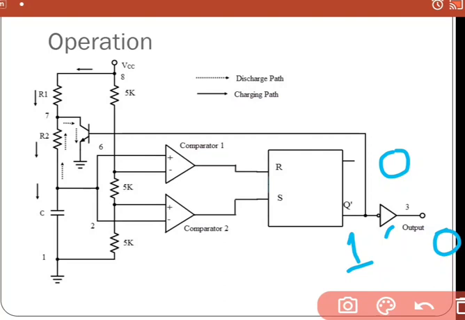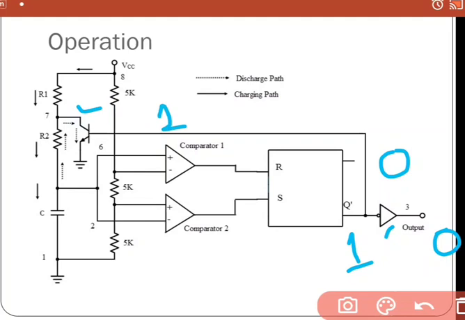Initially it is 0. Now if Q bar is equal to 1, that means this is already connected to the base of the transistor, this one. So if this is 1, that means the transistor will be switched on, it will be driven to saturation.